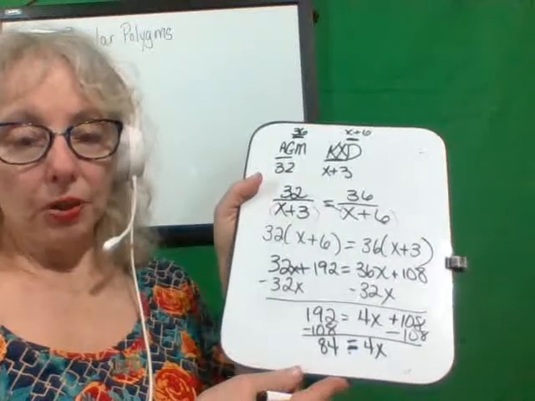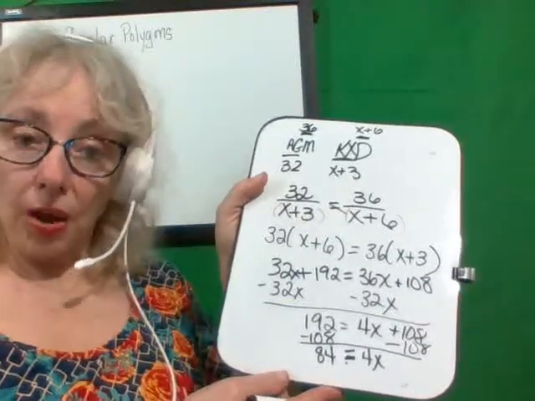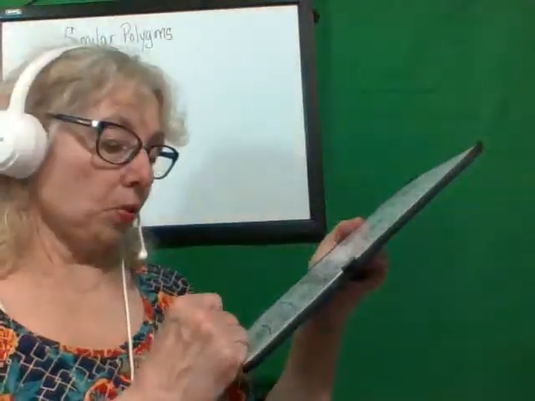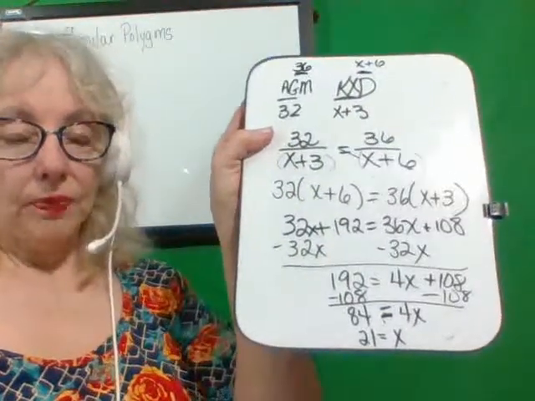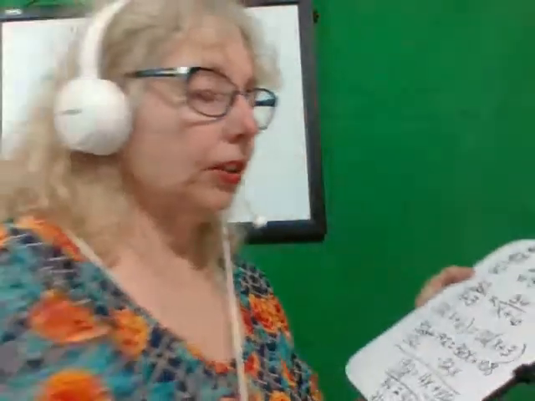So 84 is equal to 4x, divided by 4, and 21 is equal to x. So now we found x.